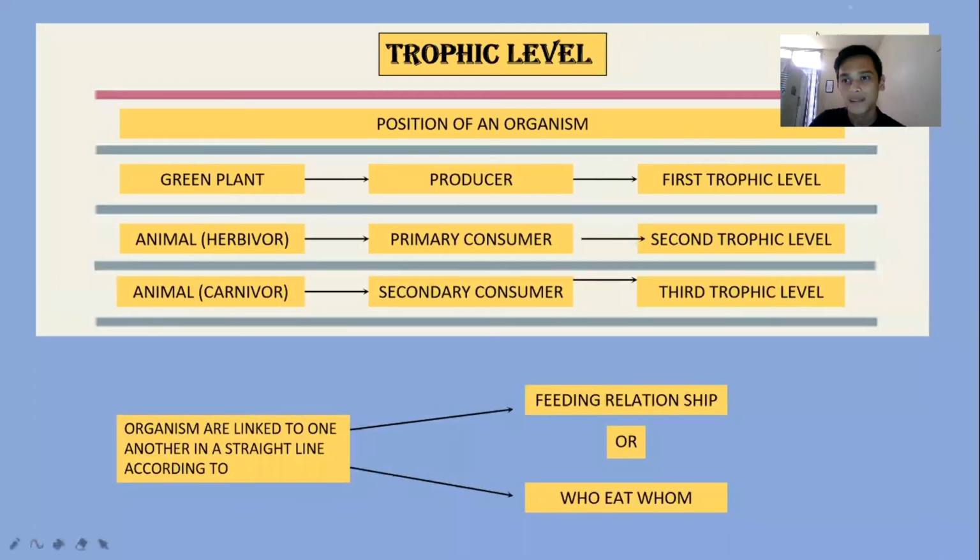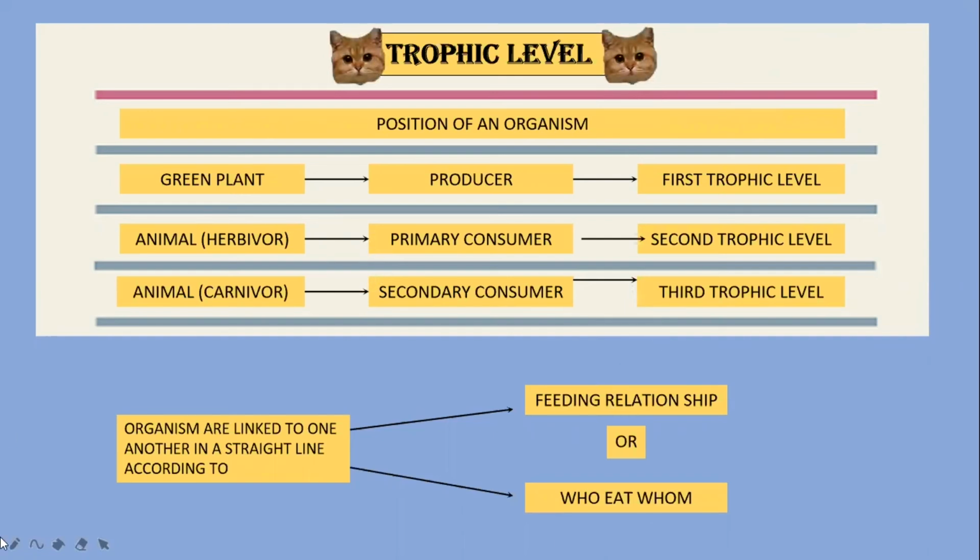So now I will explain about trophic level. Trophic level is the position of an organism in a food web or chain. In the food web or chain, the green plant, the producer, is usually in the first trophic level.